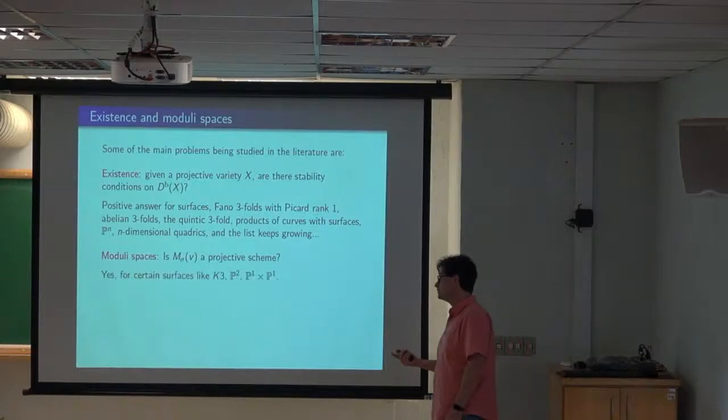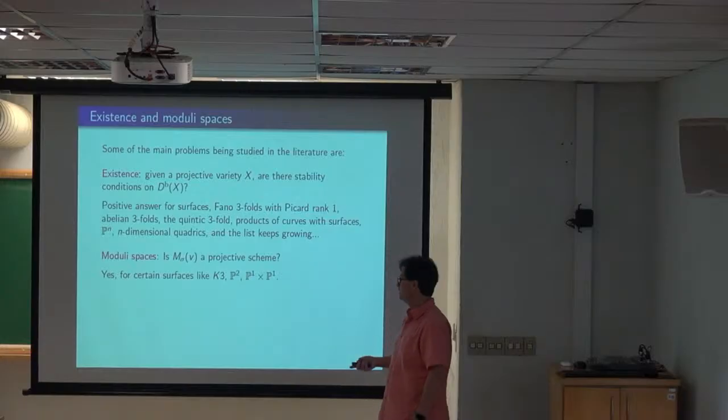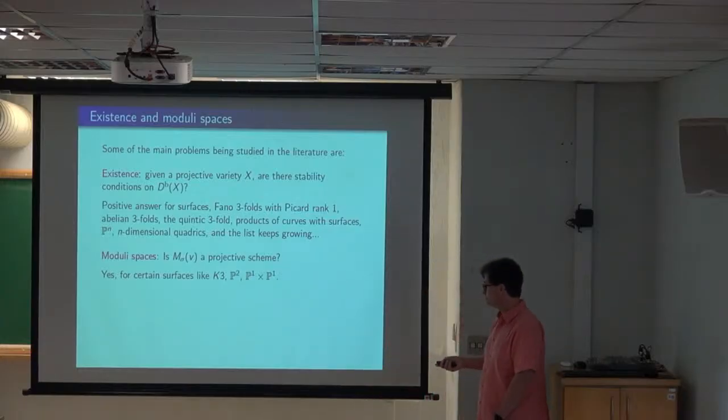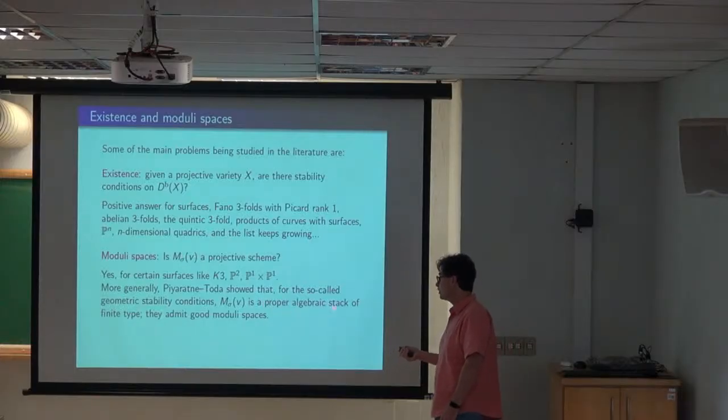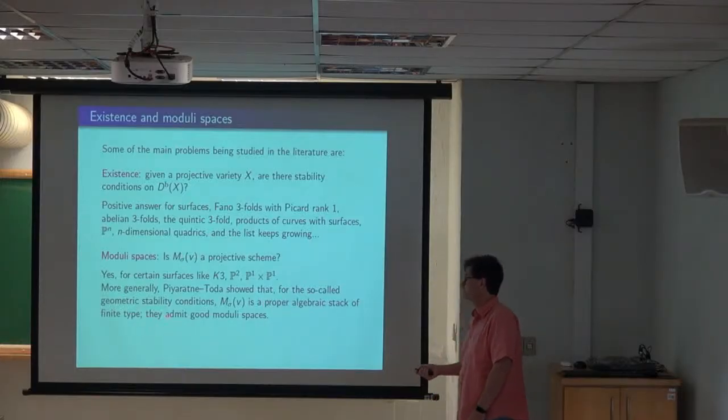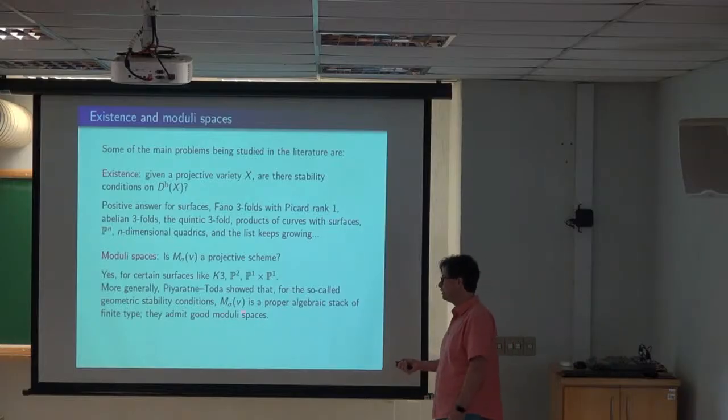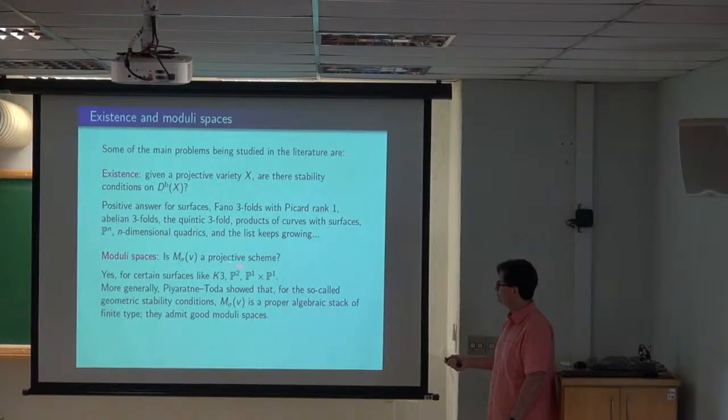And the answer is yes, for certain surfaces that has been proved. More generally, one can only show that these are proper algebraic stacks of finite type. So in particular, it means that they admit good moduli spaces, which would be the candidates for these projective schemes. So far, only proper algebraic stacks.